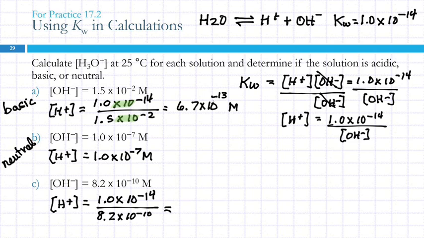Let's see if I can do it right this time. 1.2 times 10 to the minus 5.